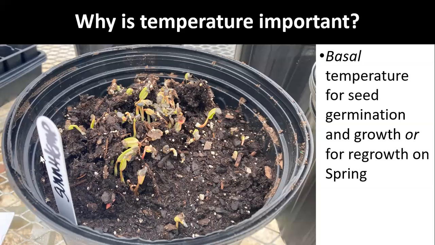Temperature is also important for regrowth and spring green up, and it's one of the factors that will alert the plants that it's time for the warm season plants, which usually grow during summer, to start to green up and really grow again and make leaves. Those plants usually are dormant through fall and winter months.